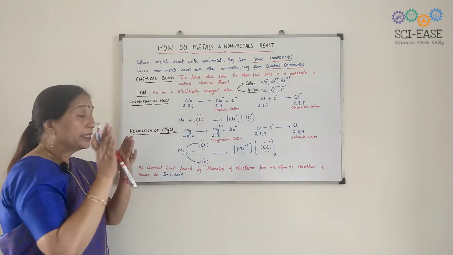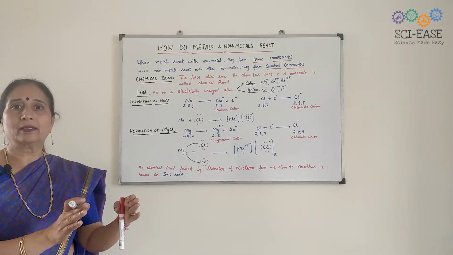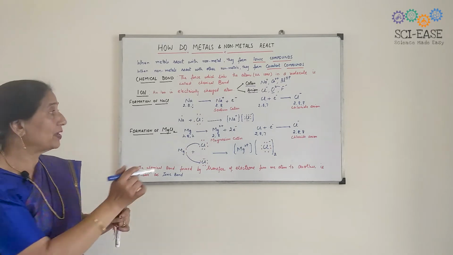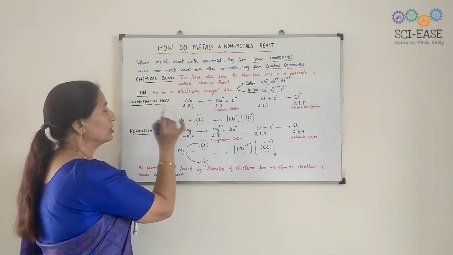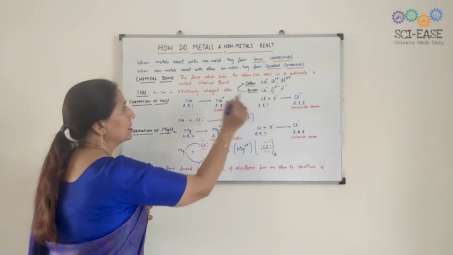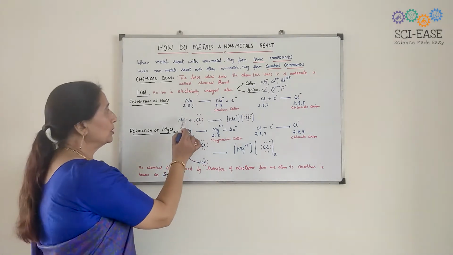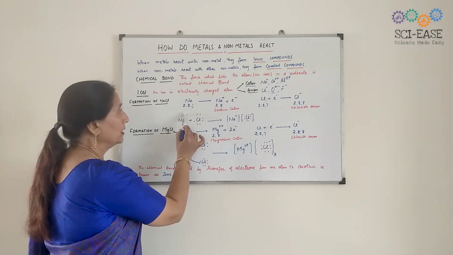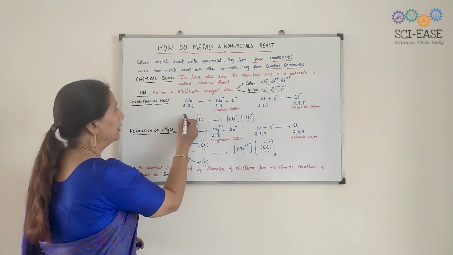Now, during the chemical reaction, only the valence electrons will take part. That is why I have put one dot, this one outermost electron, and here Cl has 7 electrons. So this one electron will be shifted here.